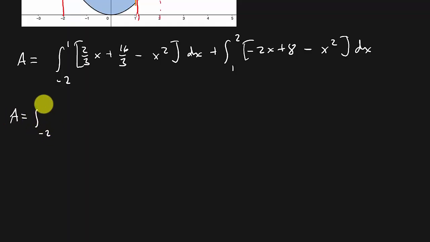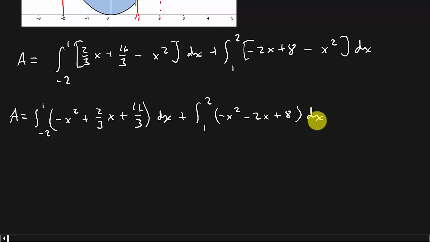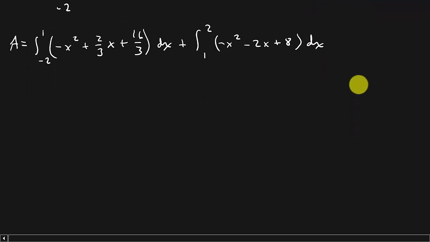I like to rewrite my functions in descending powers. I just write the largest exponent first, and then plus the integral from 1 to 2 of negative x squared minus 2x plus 8 dx. All right, so now we're ready to integrate.